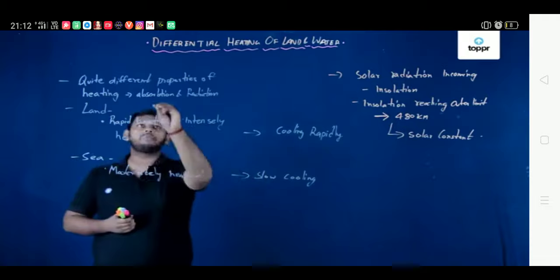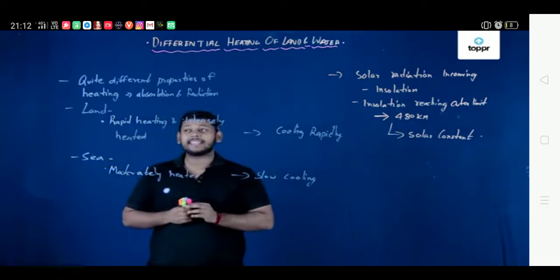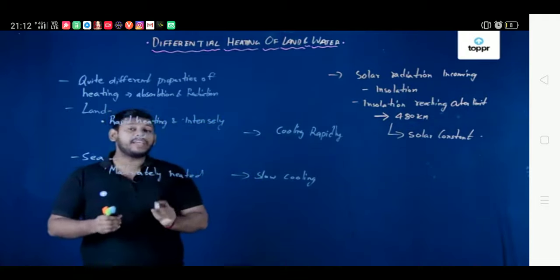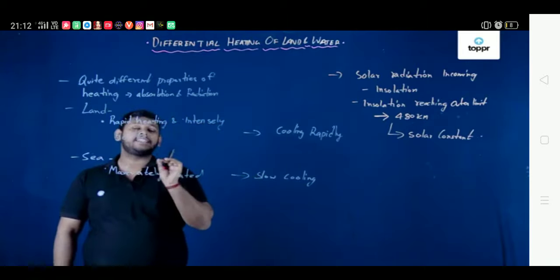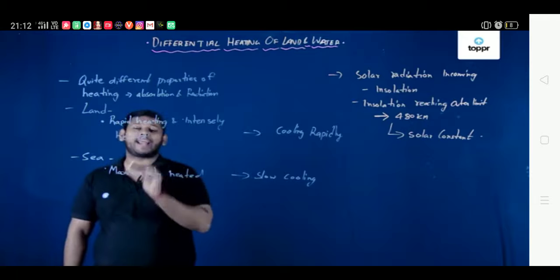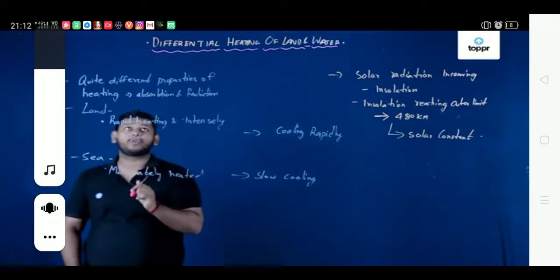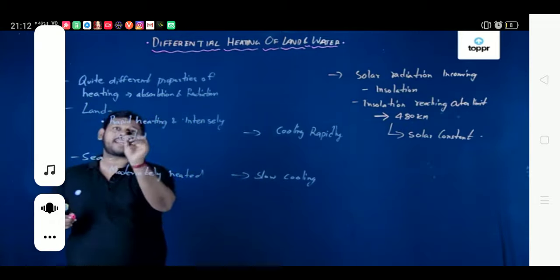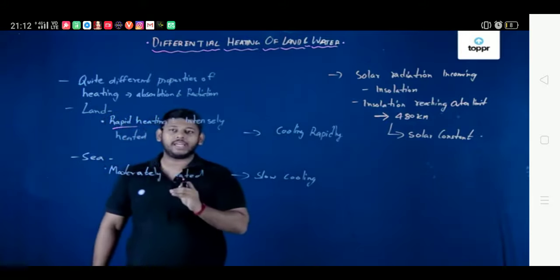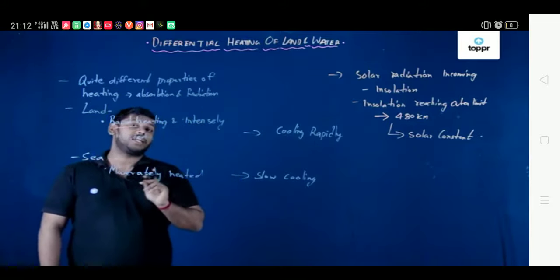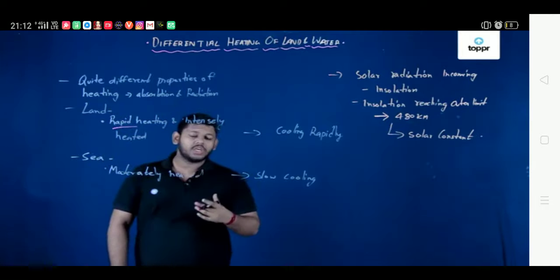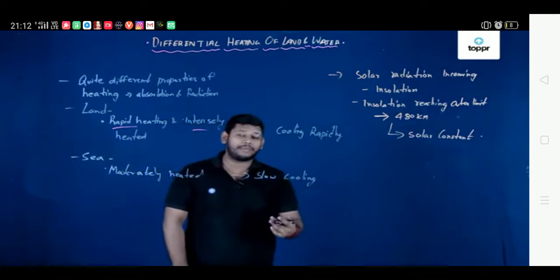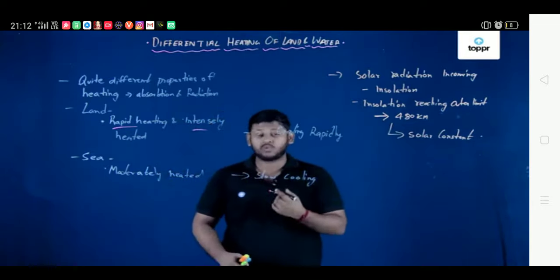When we talk about absorption criteria, the main thing is that the amount of heat being absorbed, and the intensity at which it is being absorbed, is very rapid. The absorption of heat happens very quickly in land, and the heat that is absorbed is also very intense. That means the temperature of the land increases very much because the intensity of absorption of heat is very high.